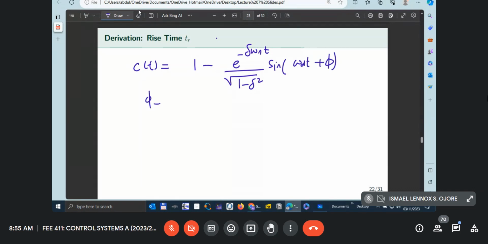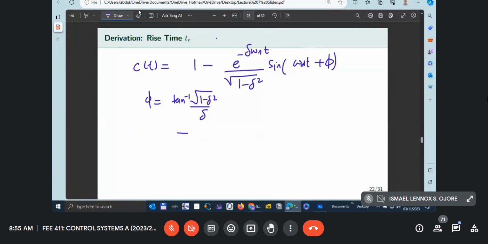Where theta is tan inverse. So from the definition, it means c(t), for c(t) equal to 1, our t is actually t_r, right?